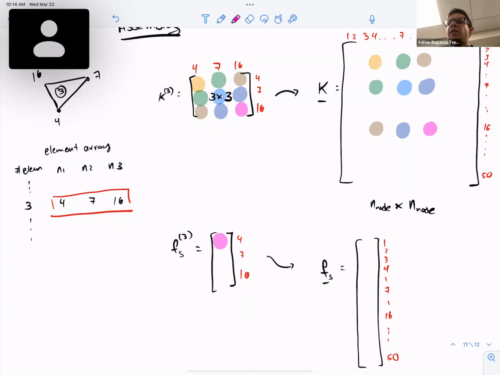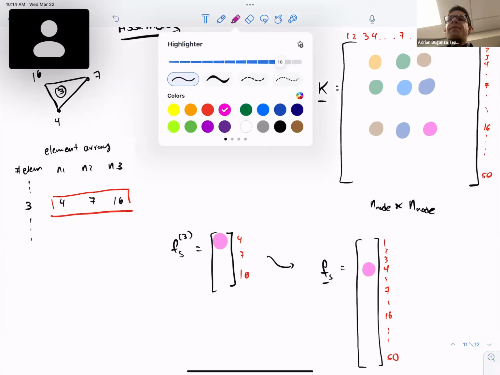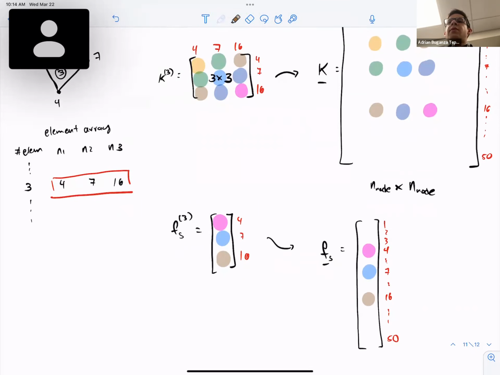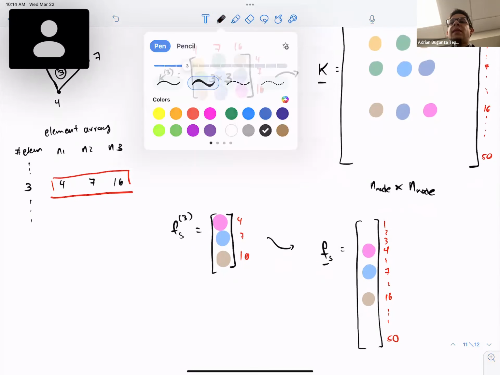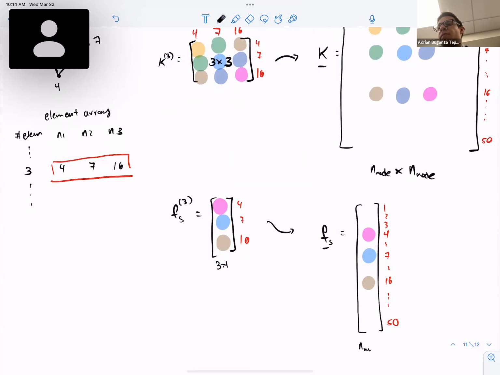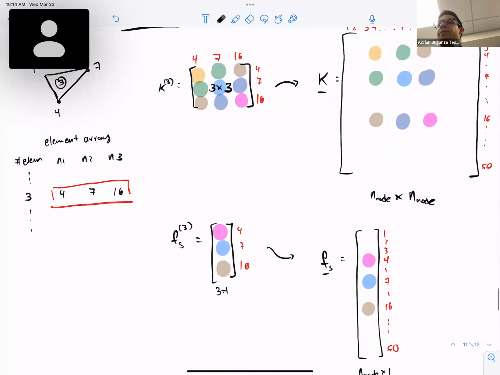And then, you know, this goes to here. This goes to here. This goes to here. So the assembly is basically the same idea as we already did in 1D. Questions?